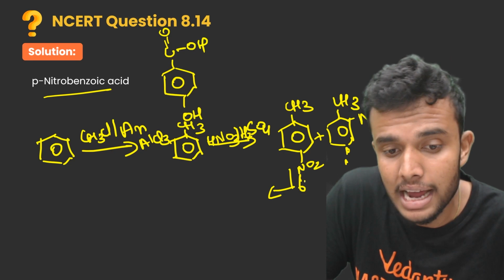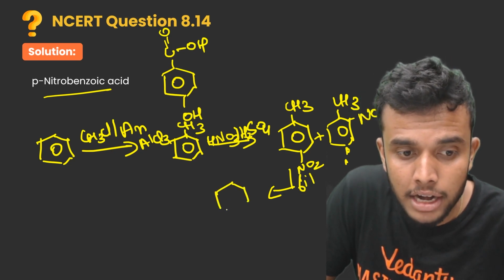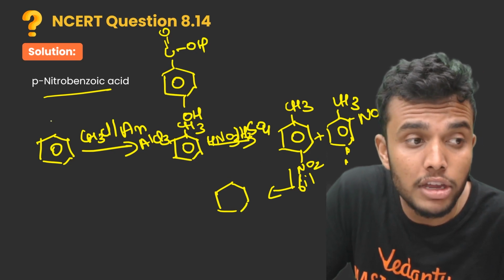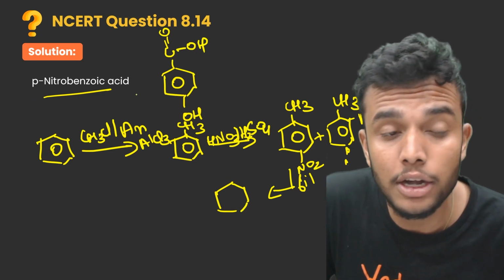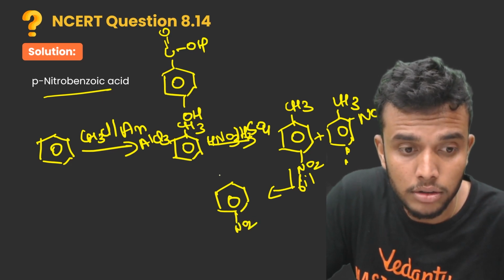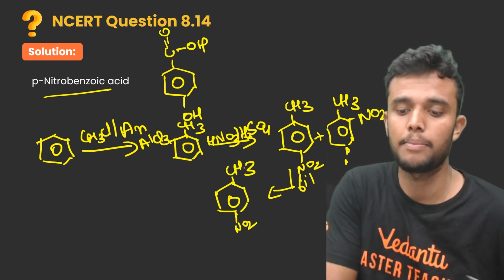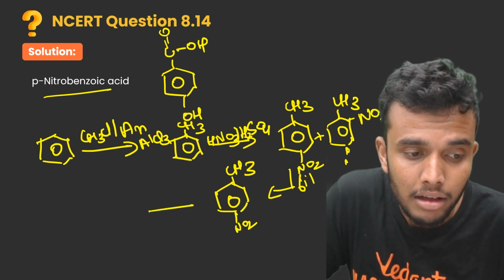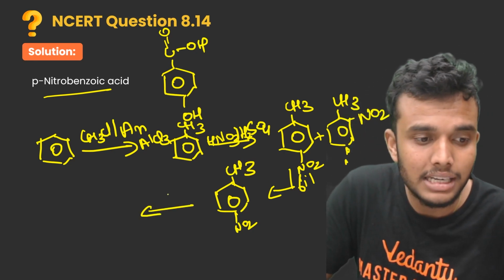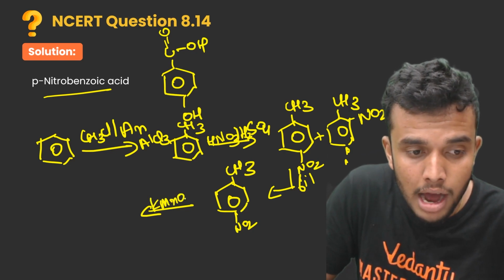Next step is filtration. We need to take para-nitrotoluene. Why? We need to prepare para-nitrobenzoic acid. That's why we need to take para-nitrotoluene. Next, para-nitrotoluene undergoes reaction in the presence of KMnO4 and KOH with heat.